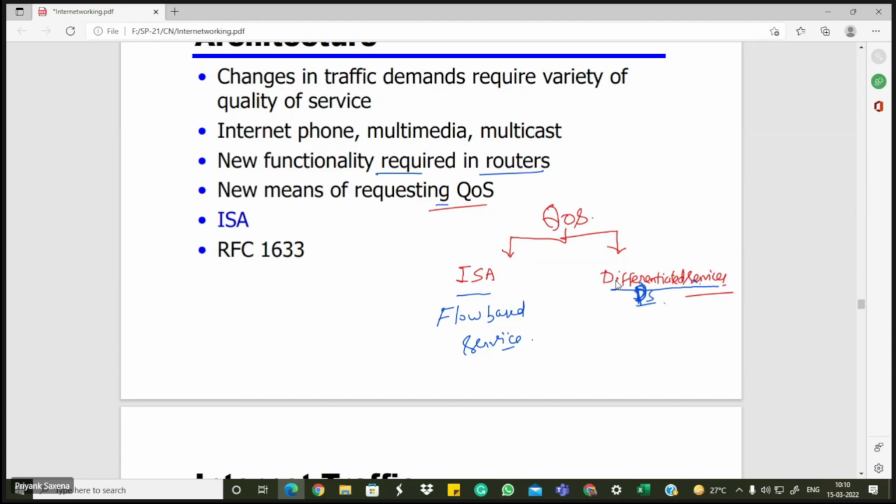And this is differentiated services. Another model, it is based on per packet. So you can see the difference, that ISA services are administered on a flow label. Flow means a set of packets, while the differentiated services are administered on a per packet basis, right?